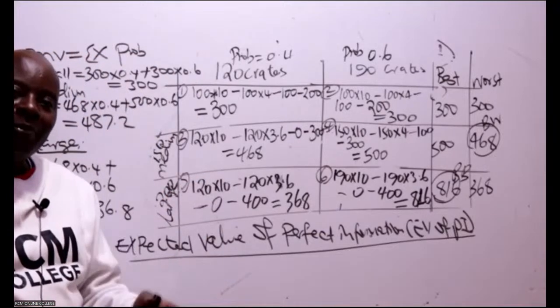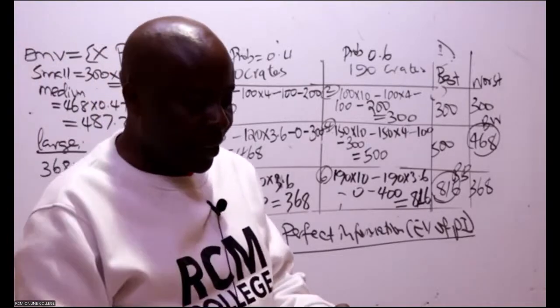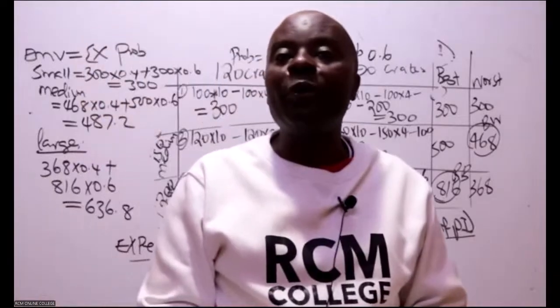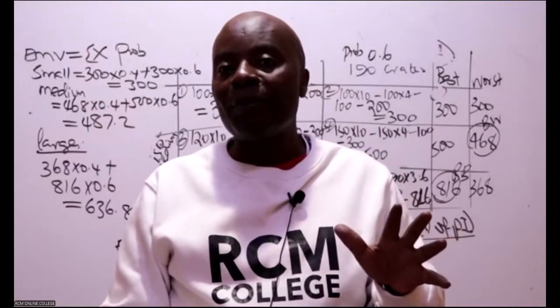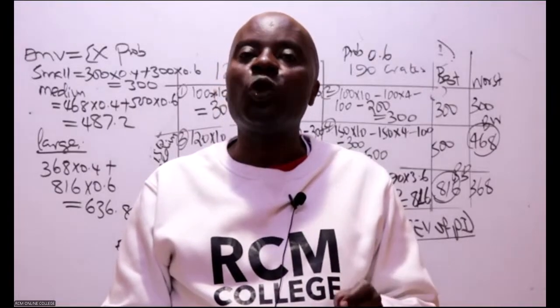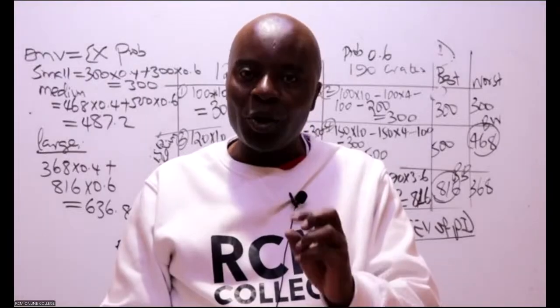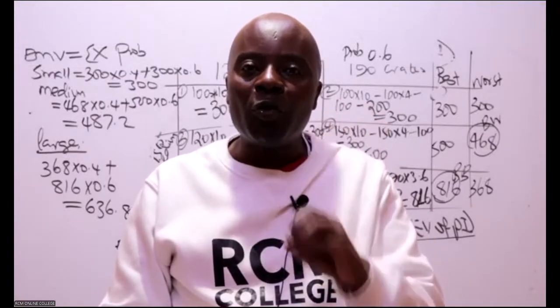Simply go and look for experts who can predict for us. For example, this time around, the weather people were able to predict these rains with lots of certainty. So you can get those kind of people and ask them to predict the states for you. You're going to get a higher value when you involve what here?